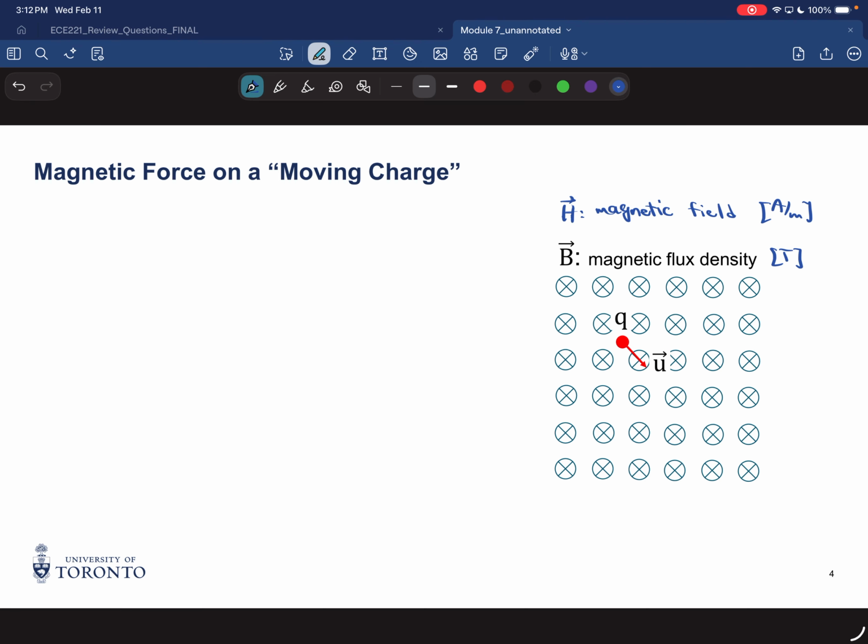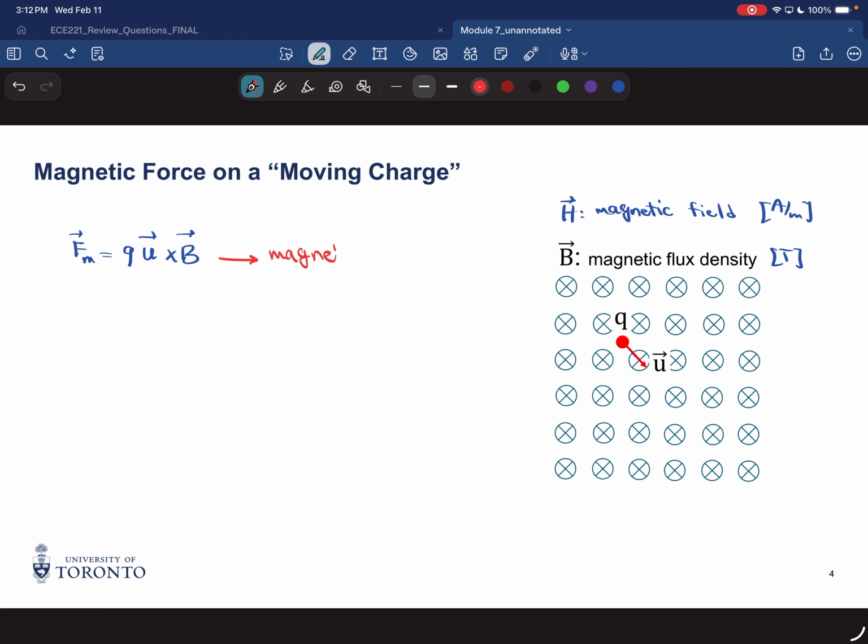Now, we can say there will be a magnetic force on this charge that is equal to Q U cross B. And this magnetic force would only exist if the charge is moving. And even if it is moving, U cross B has to be non-zero for Fm to be non-zero.